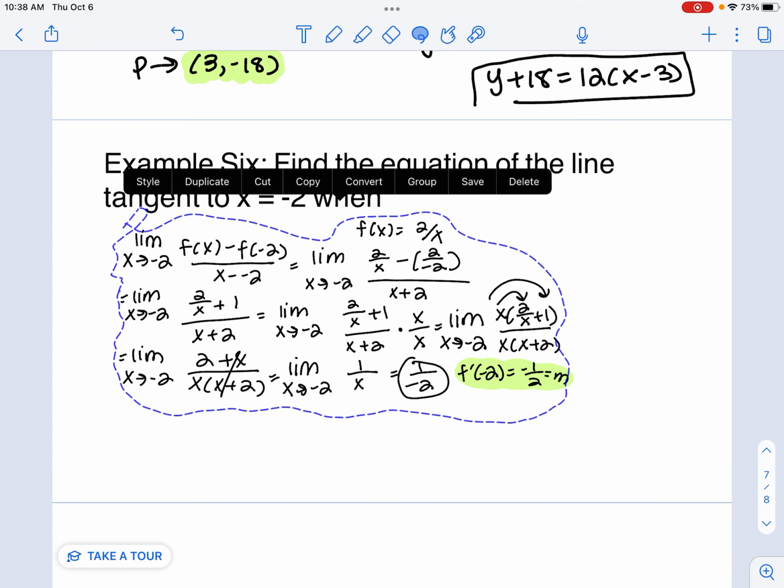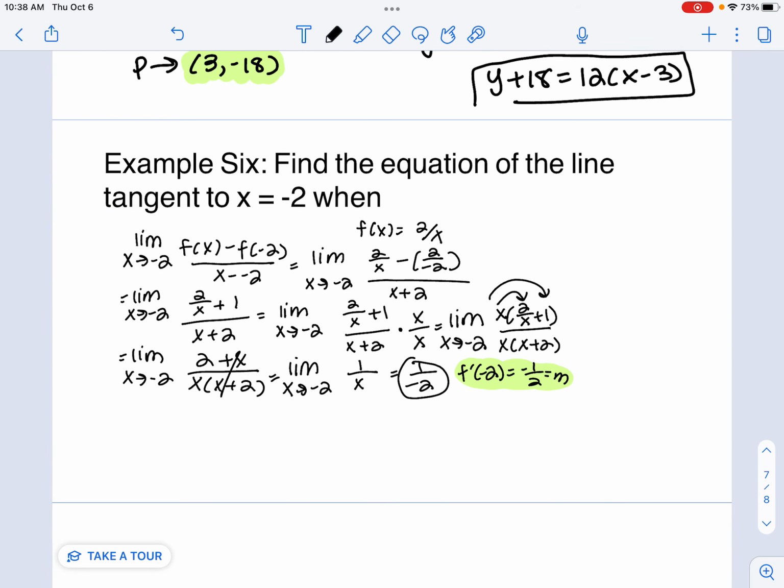The last thing we need to do is find the point that the tangent line and the original function share, which is where the x value is -2. So I'll just do f of -2, and that equals 2 over -2, which equals -1. And so the point that those two share is -2, -1.